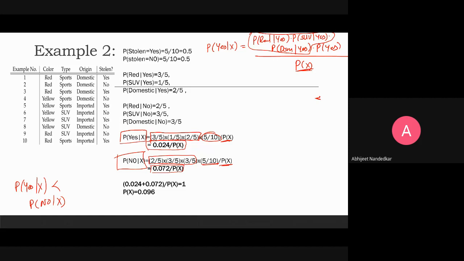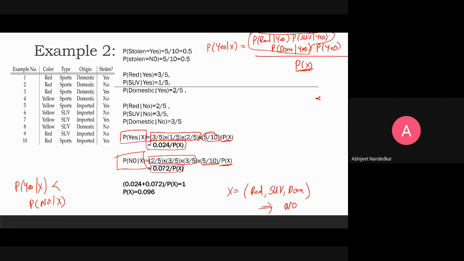So the thing is that your answer is no. So getting stolen with X equal to red, SUV, and domestic, your answer is not stolen.